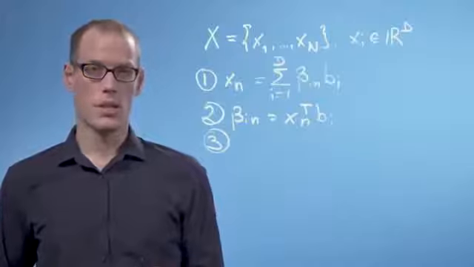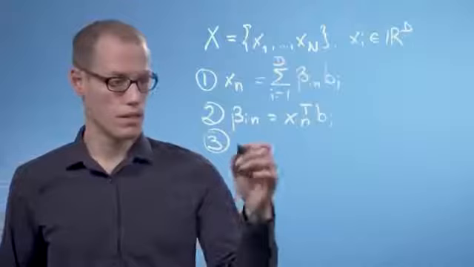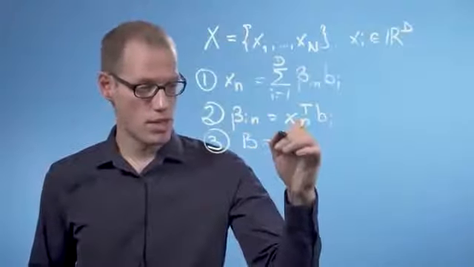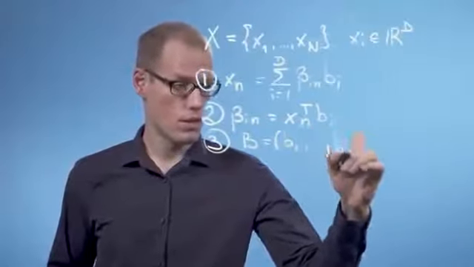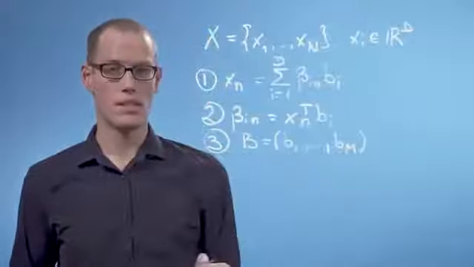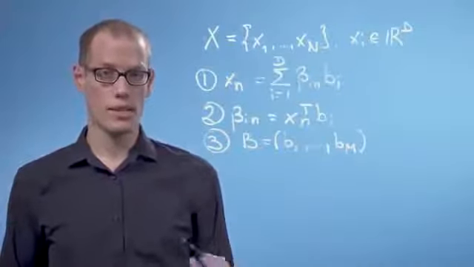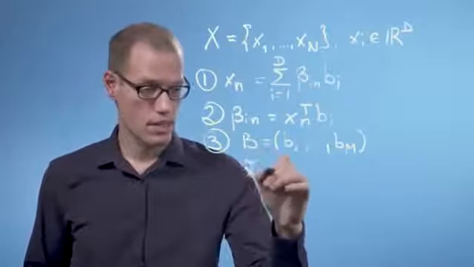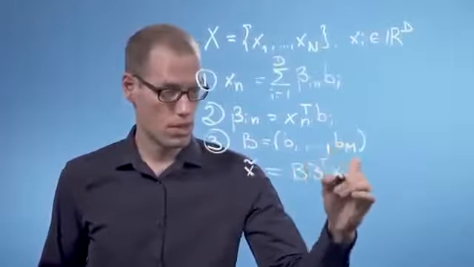The third property is that if we have an orthonormal basis b1 to bm of R^d, and we define B to be the matrix that consists of these orthonormal basis vectors, then the projection of x onto this subspace we can write as x tilde is B times B transpose times x.